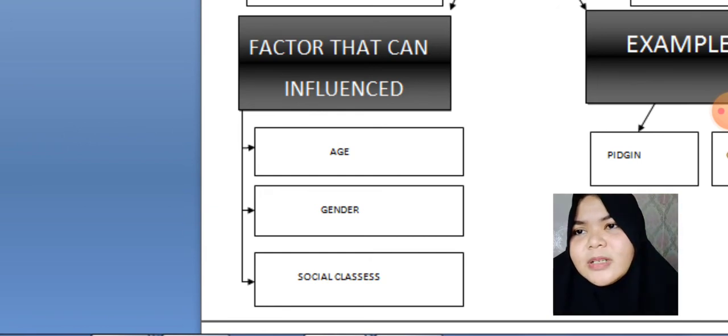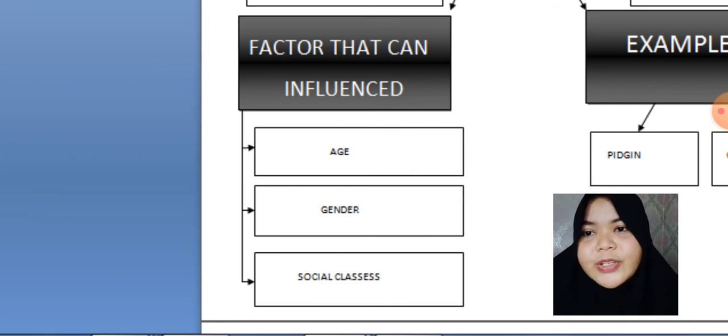For example, a woman will say, "I think I want to buy a new bag." And boys simplify it to become, "I think I wanna buy a new bag." That is how gender causes language change. The boys tend to make it more simple, while the girls use more complicated words. So yeah, that's gender.